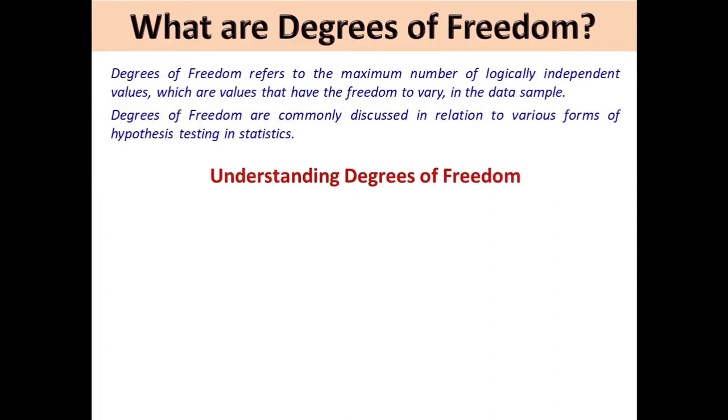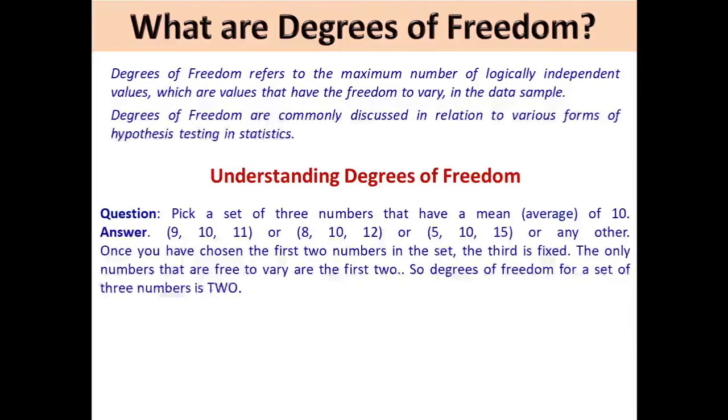The easiest way to understand degree of freedom conceptually is through an example. The question is, we have to pick a set of numbers that have a mean average of 10. There may be n number of different kinds of sets. Some sets of numbers you might pick are like 9, 10, 11 or 8, 10, 12 or 5, 10, 15.